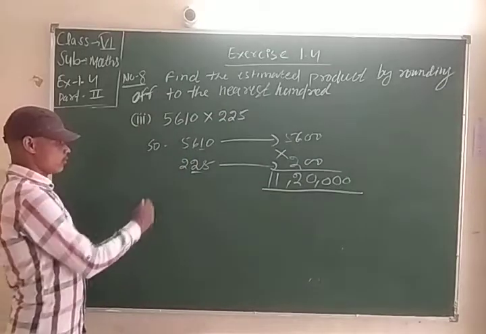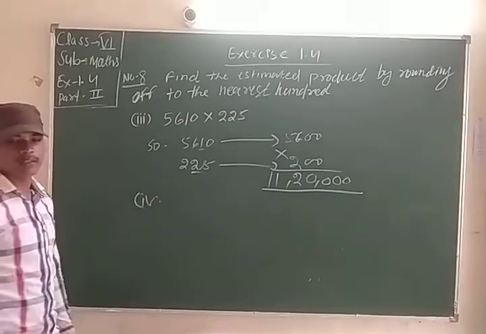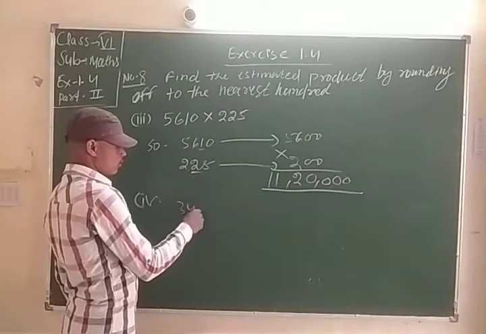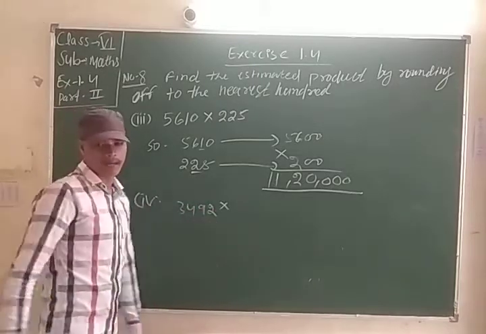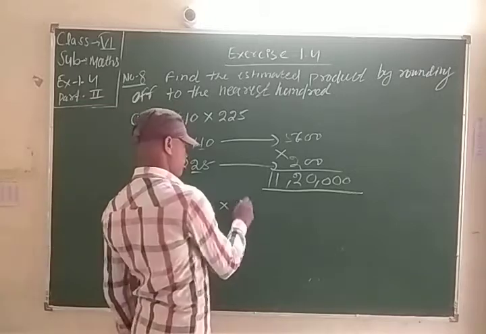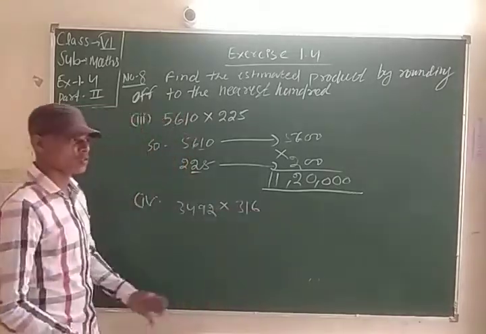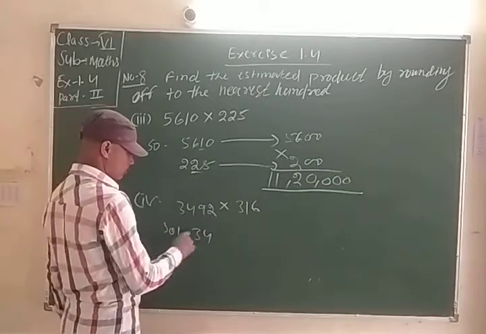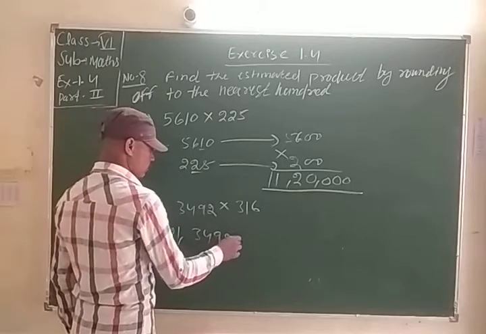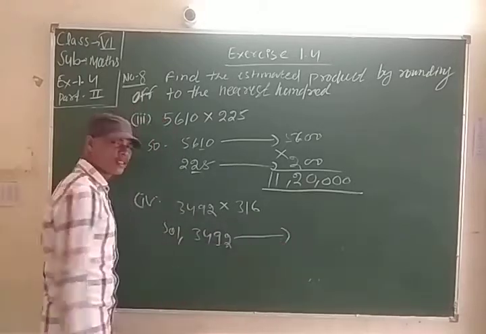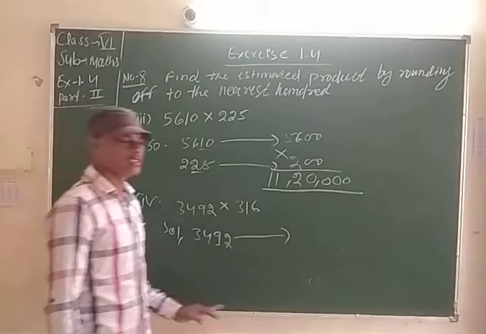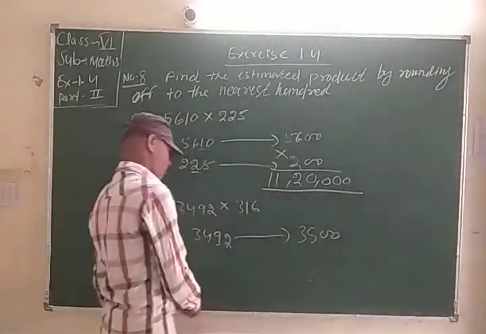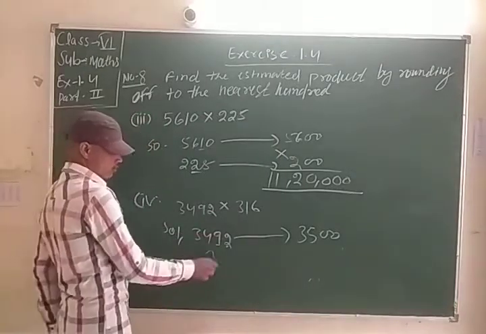Okay. Now we will do the 4th bit, 3,492 multiplied by 316. First we round up to the nearest 100. The tens digit is 9, so 4 is increased by 1 and it becomes 3,500. Now 316.